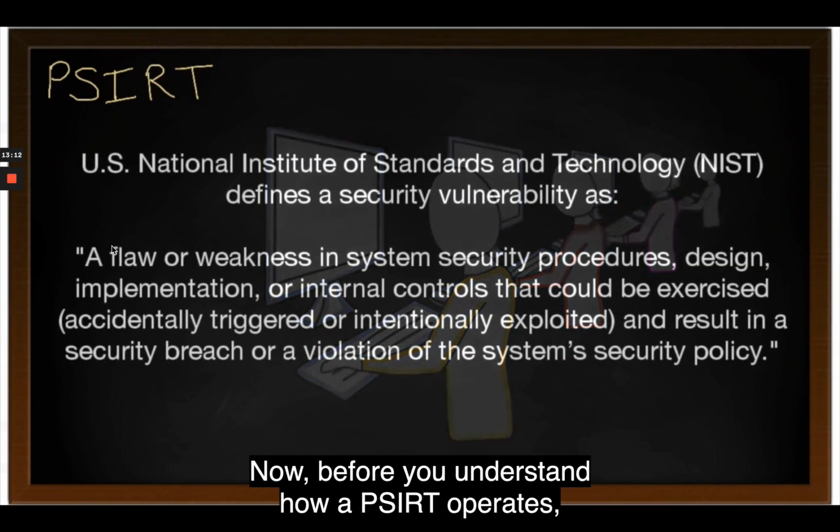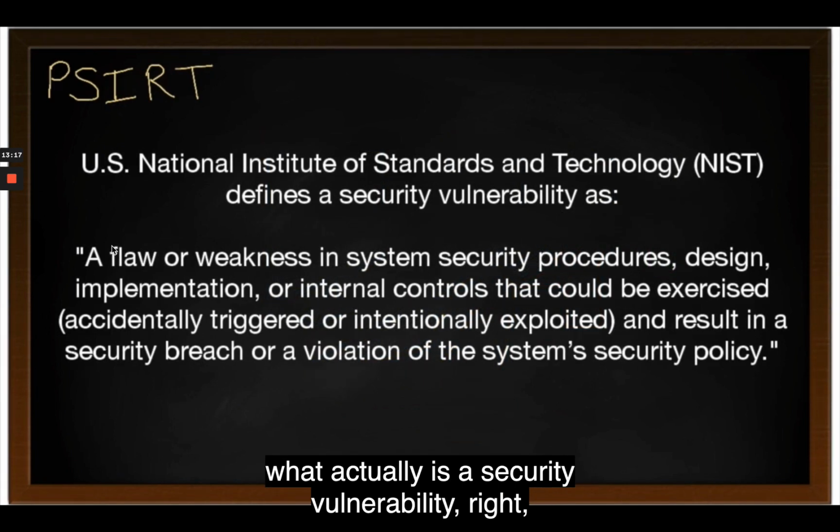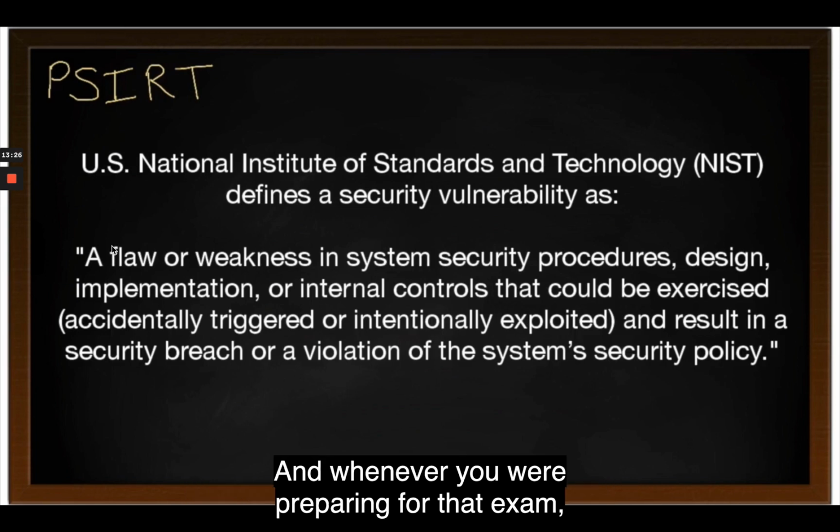Now, before you understand how a PSIRT operates, you must understand what a security vulnerability is, right? This might be a refresher from the Security Fundamentals exam, whenever we're preparing for that exam.